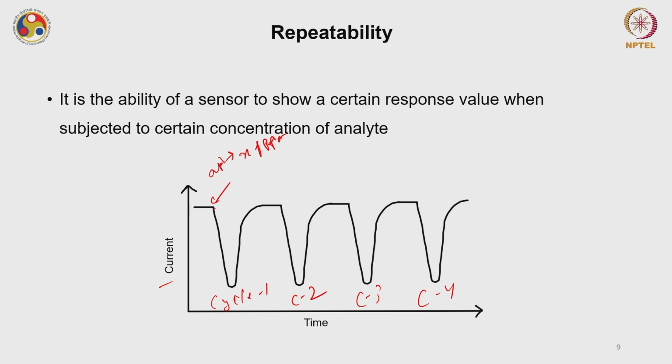Now this sensor has a characteristic where the resistivity increases with the introduction of the analyte. So the resistance of the device changes when you subject it to some gas, say a gas Y. One cycle constitutes exposing this sensor to concentration X of that particular gas. Then at this particular point I have switched off X to 0.